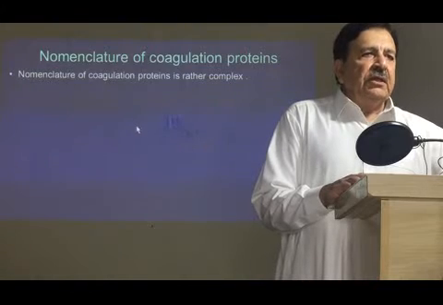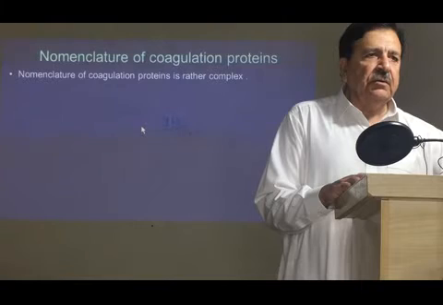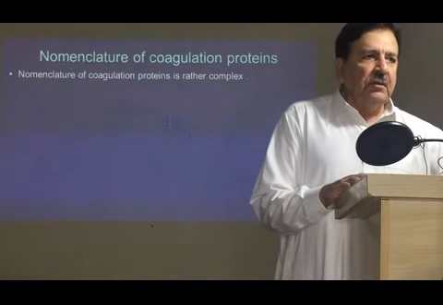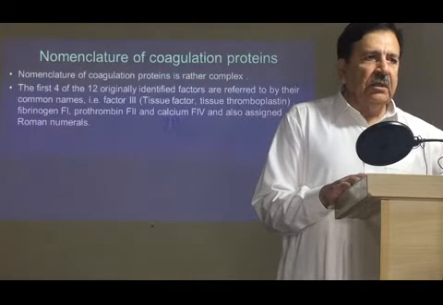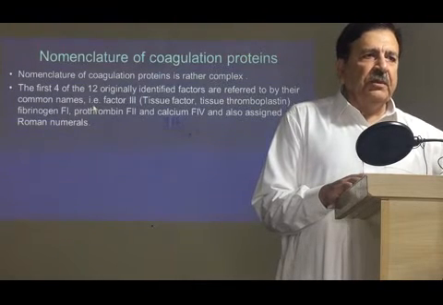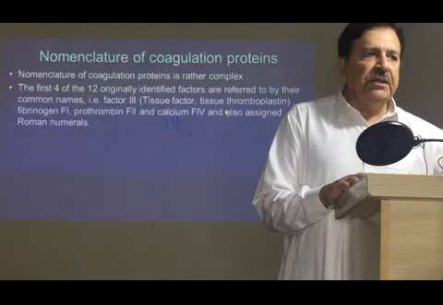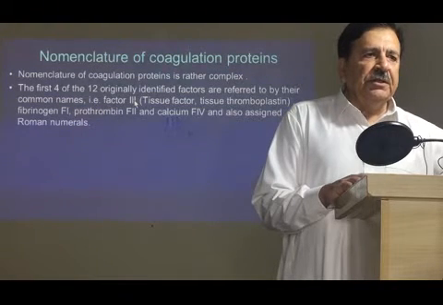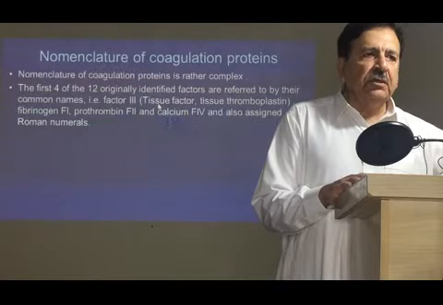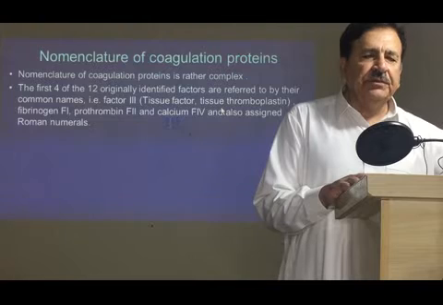Now, the numerical nomenclature of coagulation proteins. The nomenclature of coagulation proteins is rather complex. The first four of the 12 originally identified factors are referred to by their common names. What are their common names? Factor 3 is also called tissue factor or tissue thromboplastin.